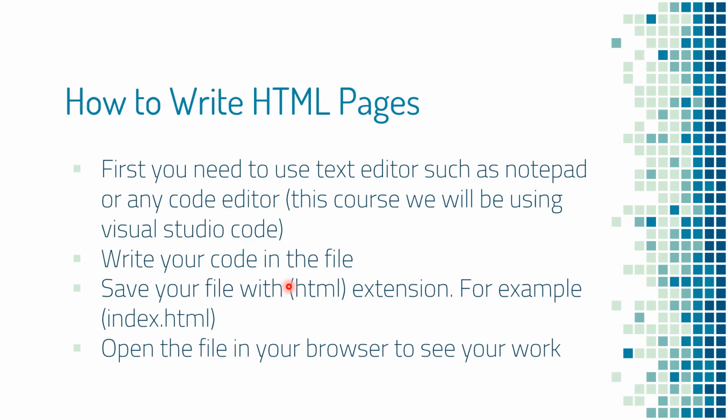Once you write your code in the file, you have to save the file with the extension HTML. So if you wanted to create the page module 5, you can name the file module5.html, or index.html. Once you save this file on your hard disk, just double click on that file, and the browser should be able to read it.